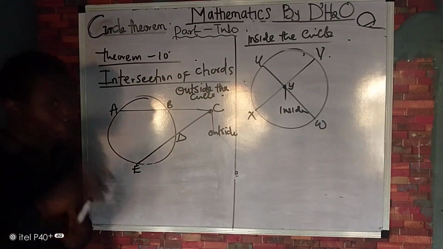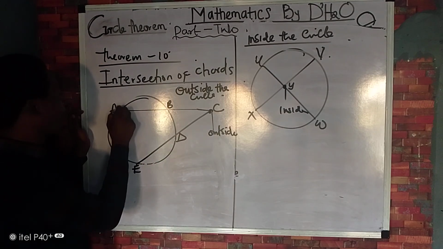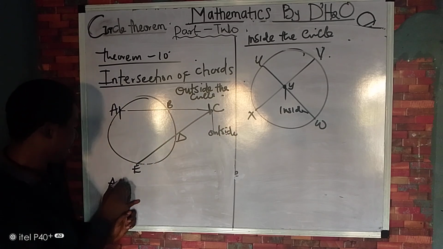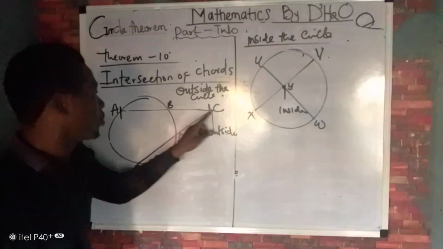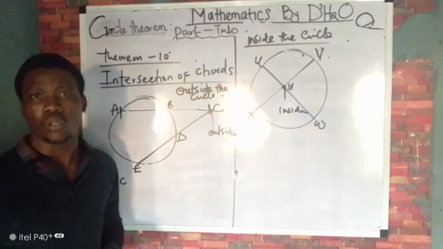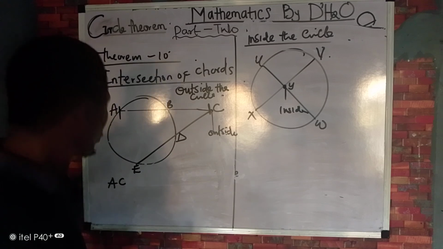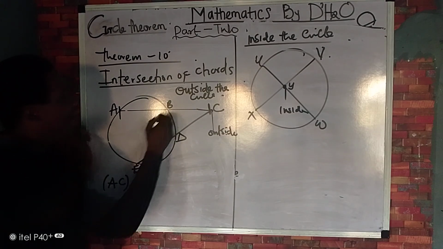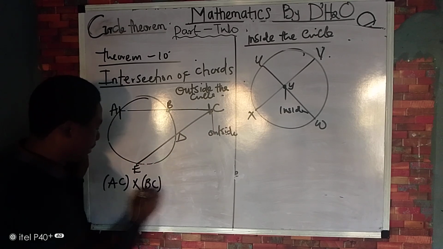Now what do we have to do? From here to here is the full length of the chord, called AC. As you can see on the board, A to C is the full length of the chord. So we do AC times the short length BC.